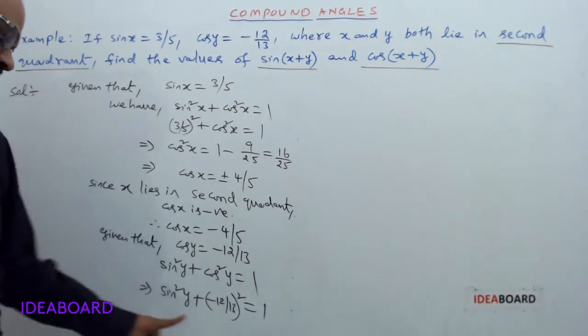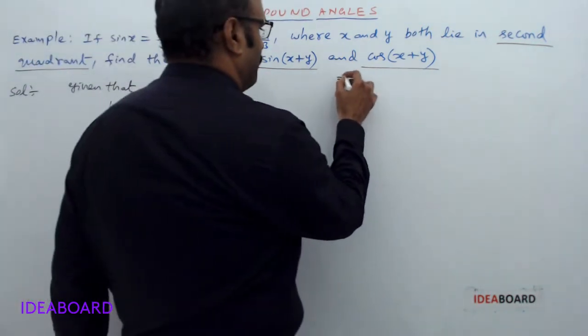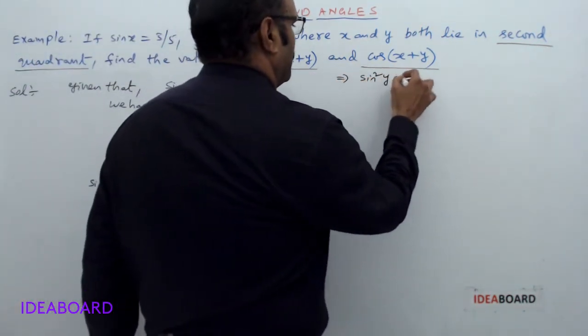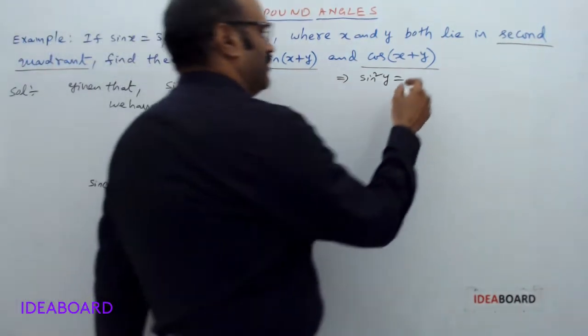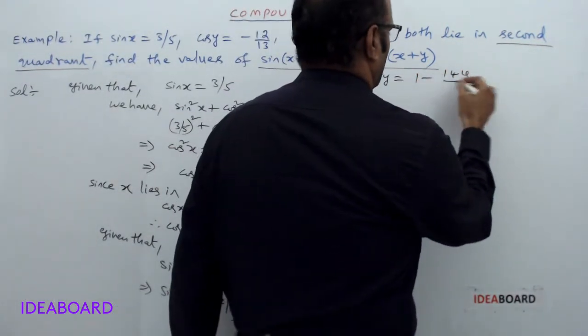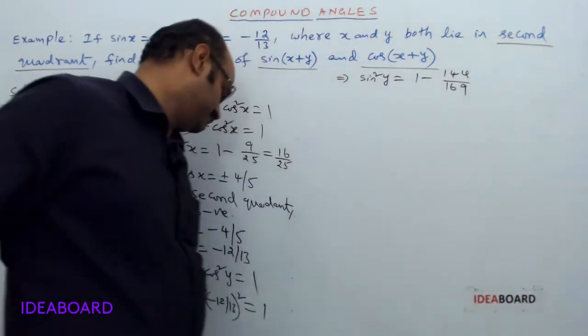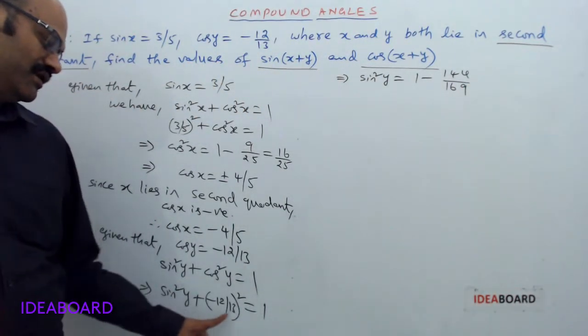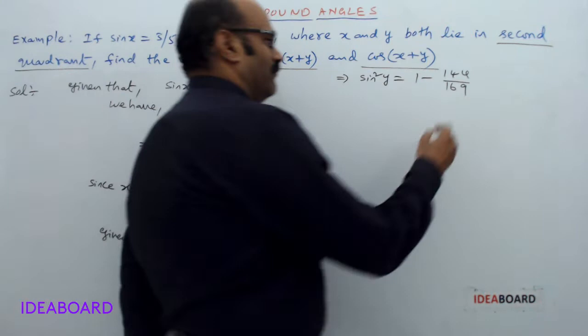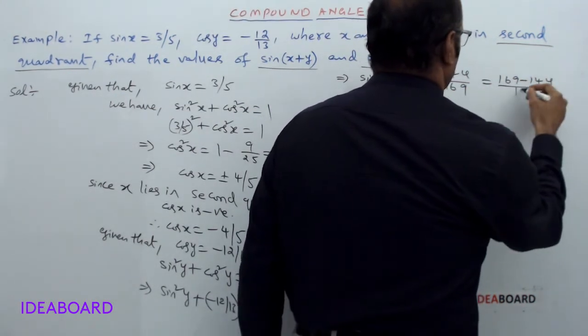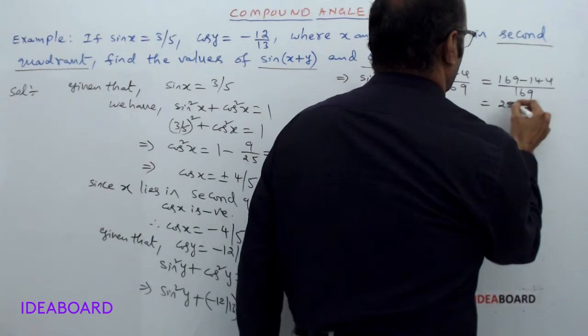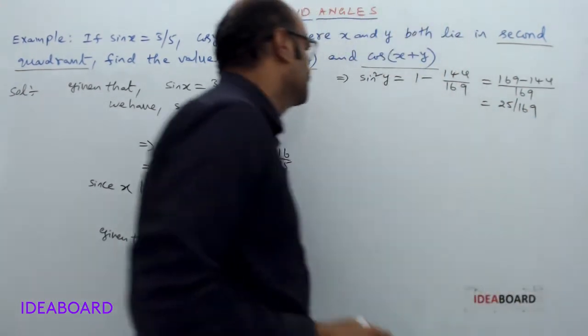Then sin square y equal to 1 minus 144 by 169, which is 25 by 169.